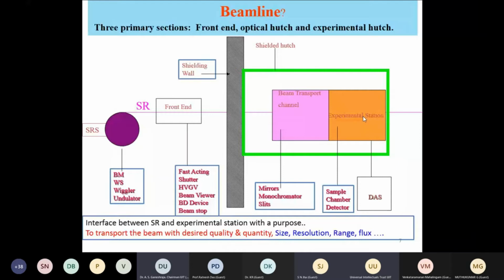So basically, this beamline is used to transport the beam with the desired quality and quantity. Quality means the desired resolution, and quantity means how much flux, and what the source size and resolution are. All these things are decided by the appropriate design of the beamline, so that the users get the optimum beam quality for the required experiment.